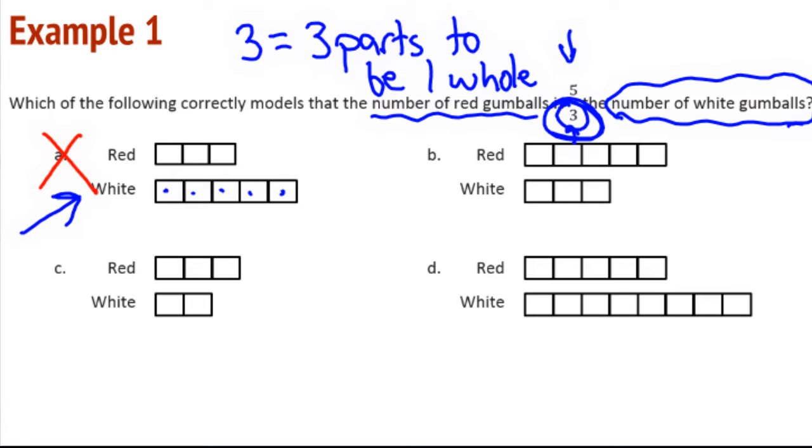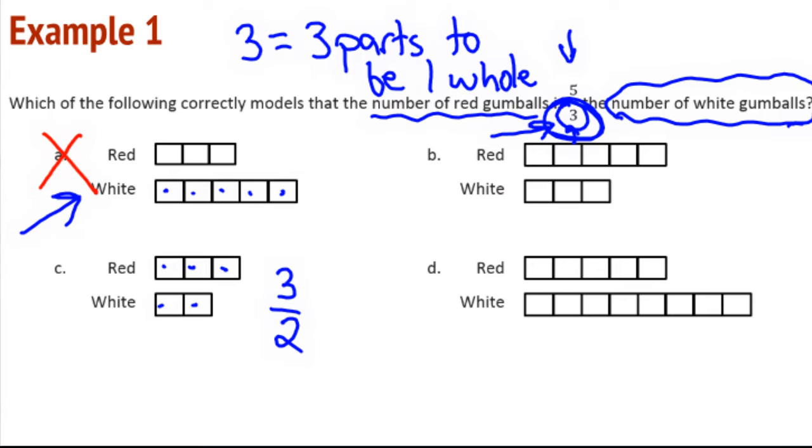So that's a good thing on this model. I do have more red gumballs than white gumballs. But once again, noticing that it says I should be having 3 parts for the white. And I only have 2 parts. And the red is 3 parts. So I'm looking at this and thinking the red gumballs are 3/2 the number of white gumballs instead of 5/3.